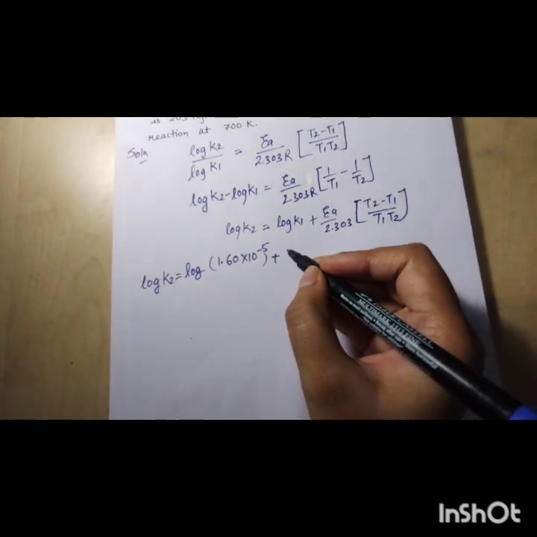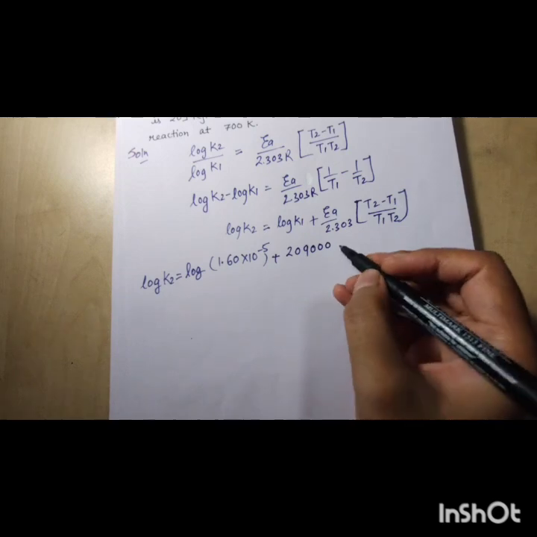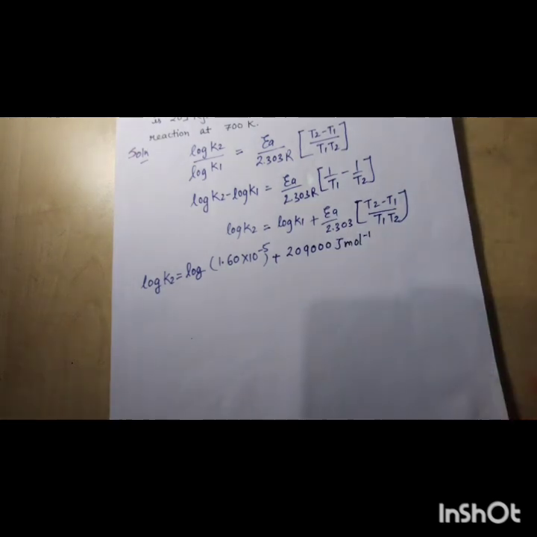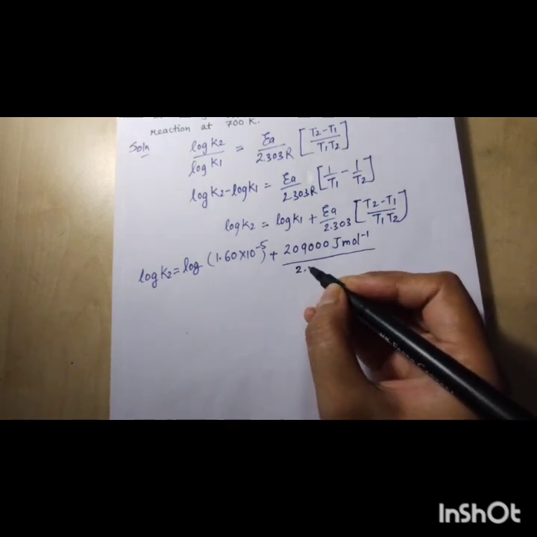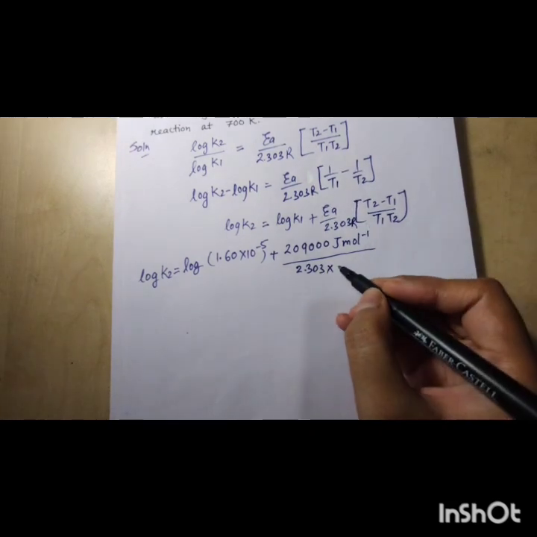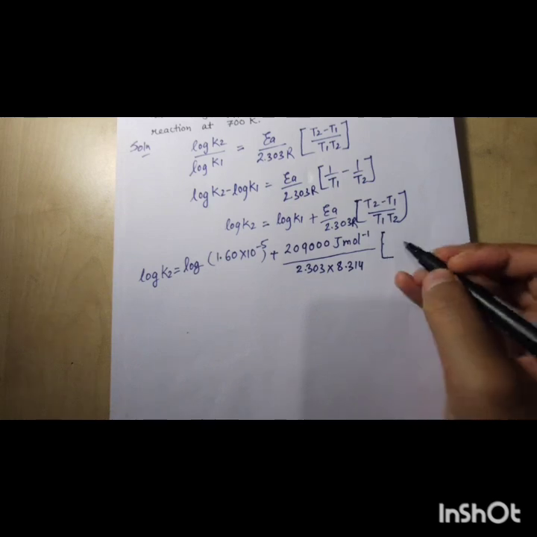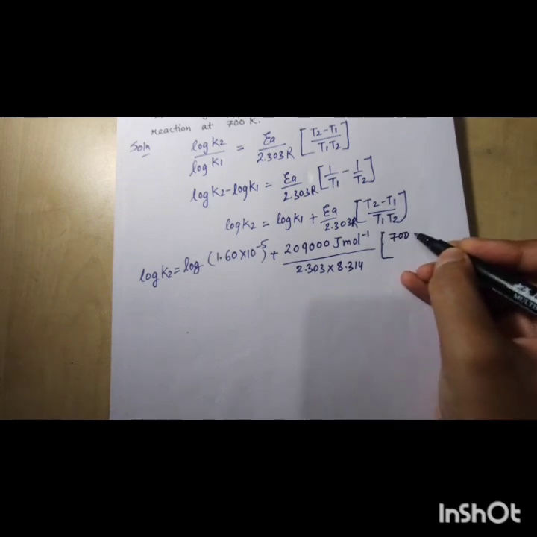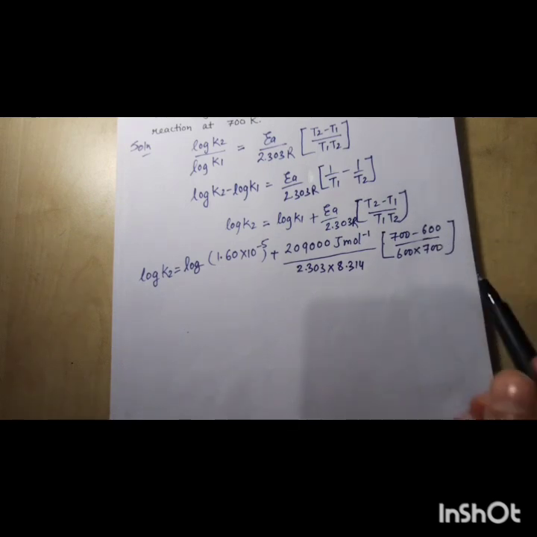This value is given, so it can be written in joules, that is 209,000 joule per mole, divided by 2.303 into R, that is 8.314 gas constant, T2 is 700, T1 is 600, upon 600 into 700. So this you have to solve.